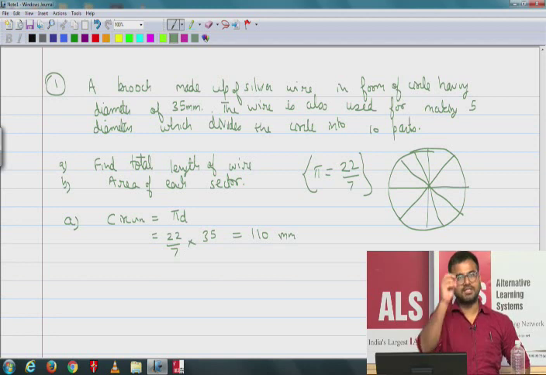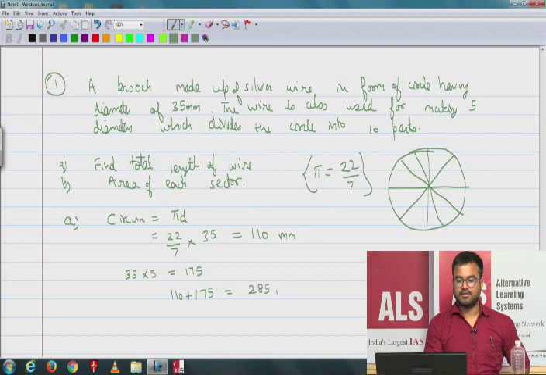Now 5 divisions have been made of length of the diameter, so that is 35 into 5, which is 175. So total length is 285 millimeter, right? So this is the total length of the wire which is used.